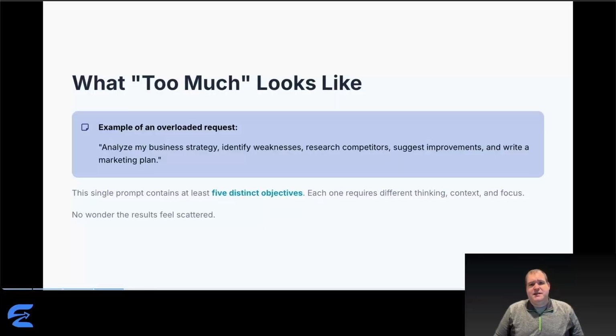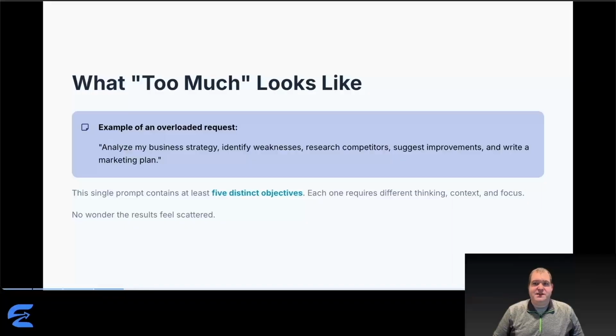Look at this request. Analyze my business strategy, identify weaknesses, research competitors, suggest improvements, and write a marketing plan. Count the verbs. Analyze, identify, research, suggest, write. That's 5 completely different types of thinking packed into one prompt. Each one pulls AI into a different direction.